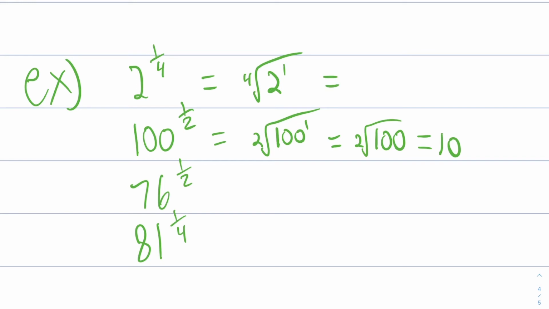Up here in the first example, we could simplify it just a little tiny bit. 2 to the first power is 2, and we can leave the 4th root on there. Figuring out the 4th root of 2, it's not going to be a perfect number.